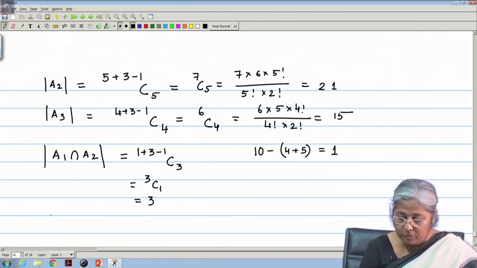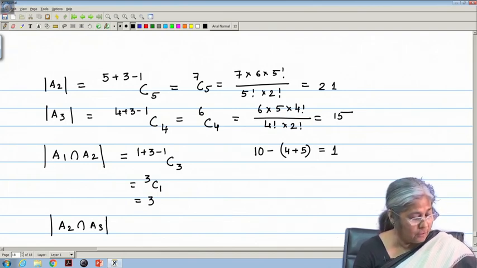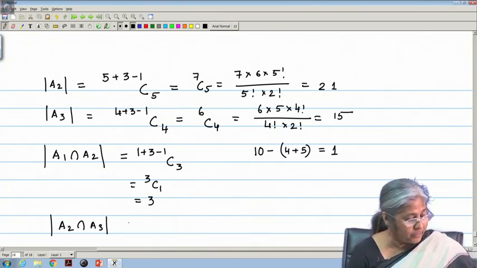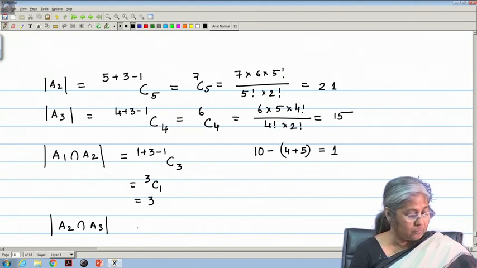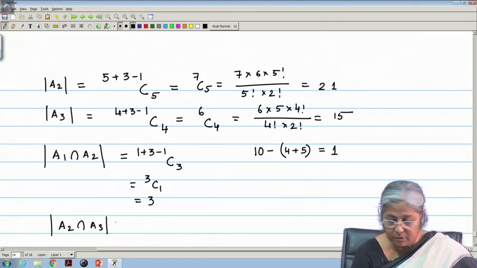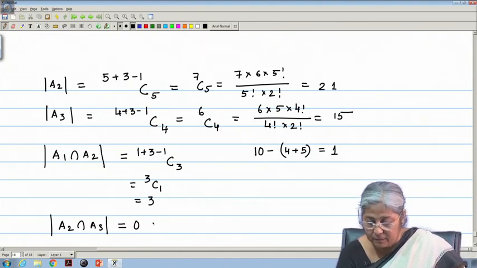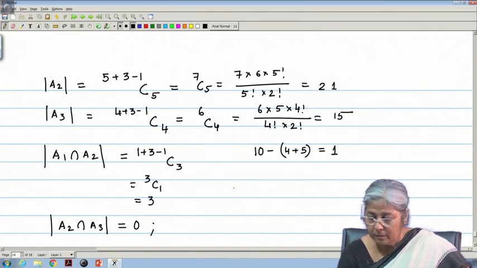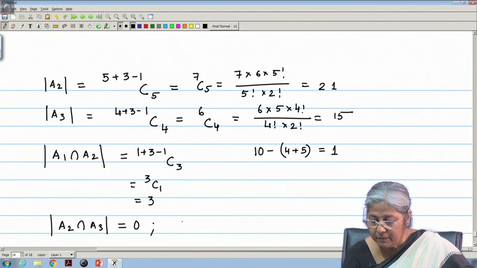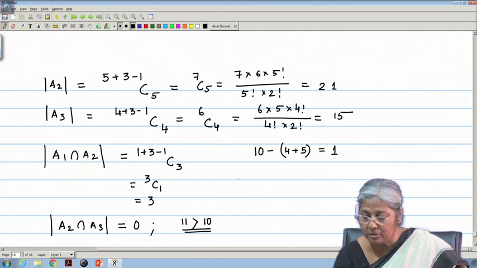Now, for A2, A3 this becomes 0. Why? Because here this becomes 5 plus 6, 11, and 11 is greater than 10. So, this type of combination is not possible.